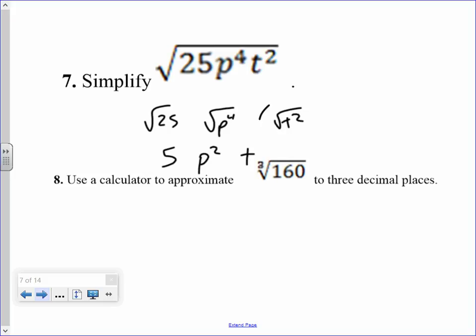Now, what do you have to do about this? Yes, you have to put absolute value because you took an even root and got an odd exponent on your answer. Uh-oh. This was square root and you got t to the 1st.